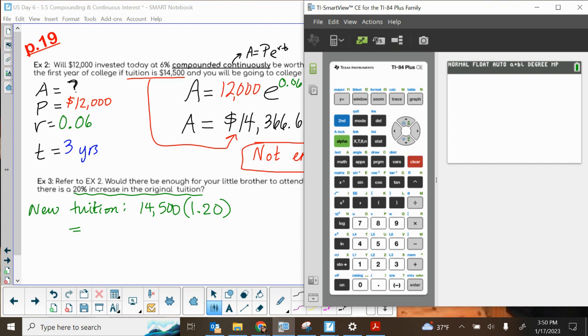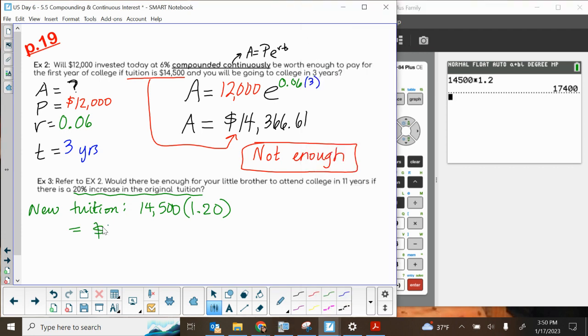So let's see, that is 14,500 times 1.2, $17,400. That's the new tuition. And so now I can do what I did before. Same deal, but now my time instead is longer. It's no longer 3 years. Now my time is 11 years.